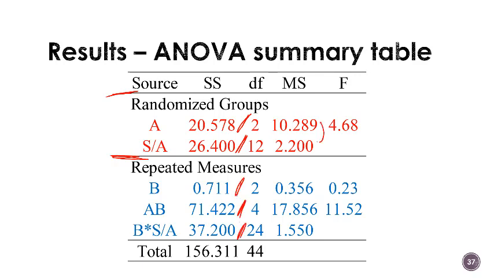But I'm going to divide this way for our F, and now we divide this by this, but also this by this, to get these two Fs. So B divided by B by S with an A, and AB divided by B by S with an A. So they're both going to get the same one error term at the bottom. And then of course you can test the Fs for significance using 2 and 12, 2 and 24, and 4 and 24 degrees of freedom to look at the critical values.